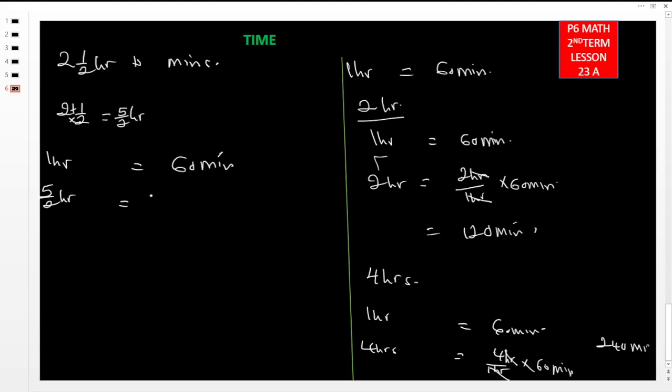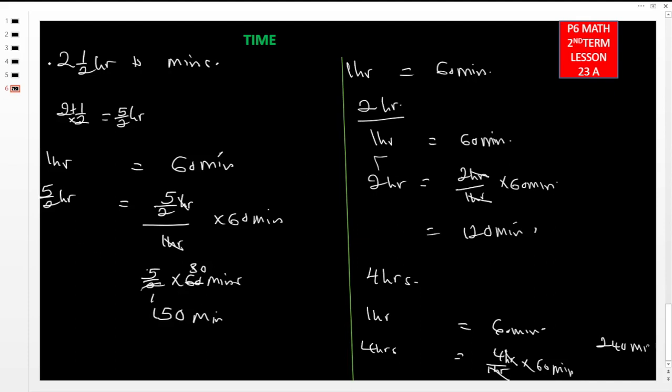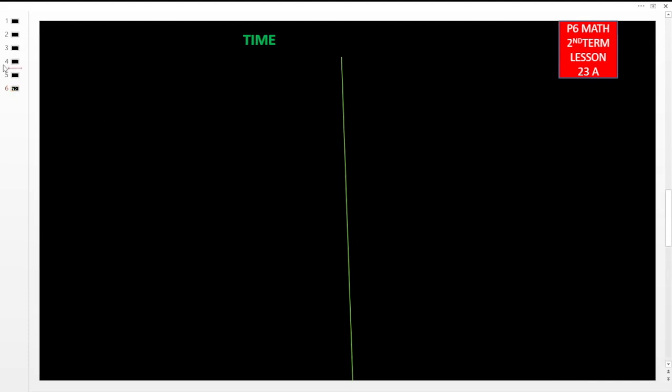This is 5 all over 2 hours over 1, inverted L, then times the 60 minutes. Hours go with hours, then we have 5 out of 2 of the 60 minutes. By 2 here, 1 by 2, it is 30, by 5, that is 15, you add on a 0, so we come up with 150 minutes.